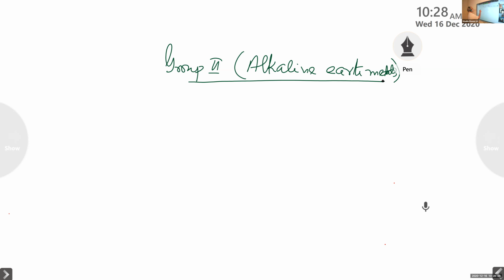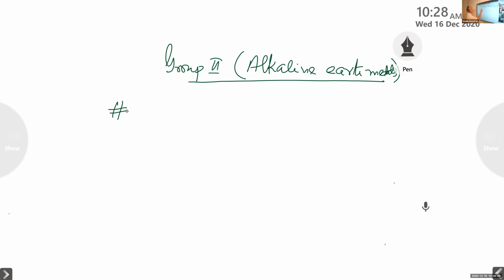Do you remember which are the elements present in the second group? You must study at least 2-3 groups. Say group 1, alkali metals, group 2, alkaline earth metals, then group 13, aluminum group, boron, then group 14, that is a carbon family. You have to see that also this year. Then the halogens, group 17, and lastly 18th group, that is noble gas.